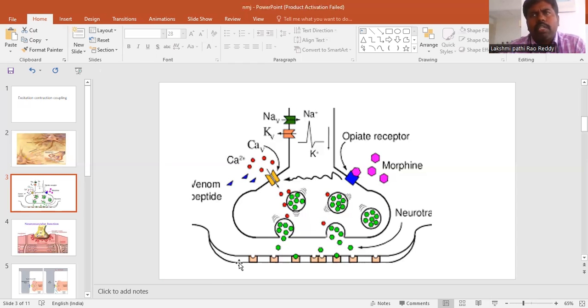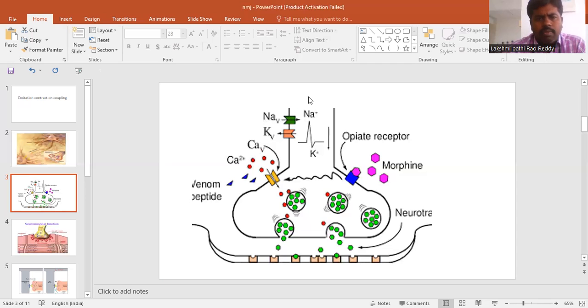So up to this level, we can say there is excitation of the nerve fiber. What is it exciting? It is exciting a muscle fiber.